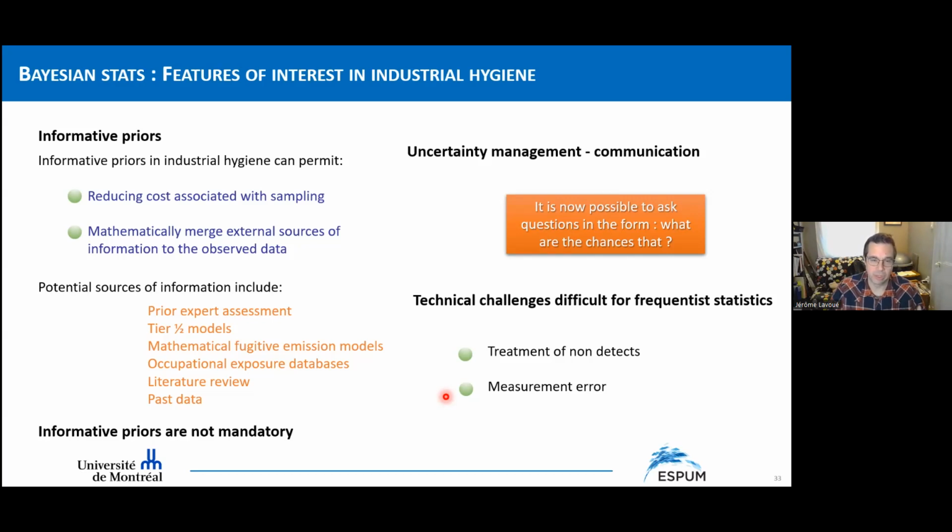And also, it will be possible very soon to tell your exposure assessment tool that each measurement comes with a sampling and analysis error of 12%, for example. So I said yesterday that we usually assume this error is negligible, and it is. But thanks to Bayesian models, we don't even have to make this assumption.